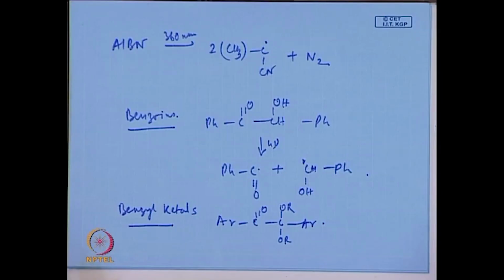Now, the advantage of these photochemical initiators is that you can do your polymerization reactions locally. If you have a reaction mixture, and you cover some part with an opaque material, then the part exposed to the photons or light will get polymerized.